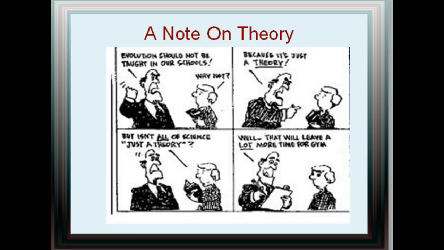Theories are very different from a hypothesis in that there is evidence to back up a theory, whereas a hypothesis is simply a prediction that has not been experimented on. In your notes, you need to be able to make a distinction between a theory and a hypothesis, so go ahead and do that now.